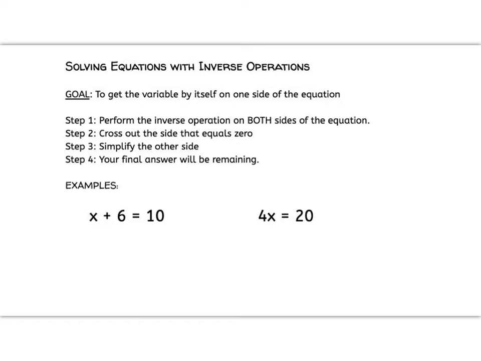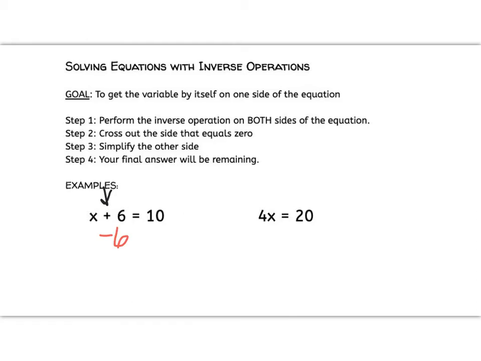The idea is you want to get the variable by itself on one side of the equation. So x plus 6, x is attached to the 6 by this addition sign. So we are going to undo addition with its inverse operation, which is subtraction. So we're going to take our addition and we're going to subtract out the 6.